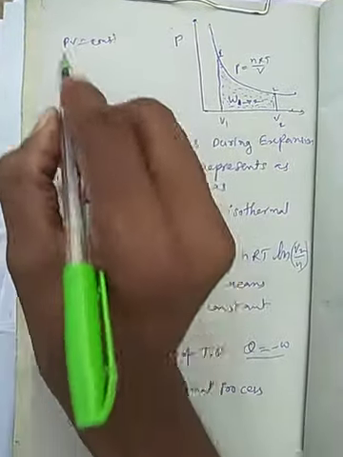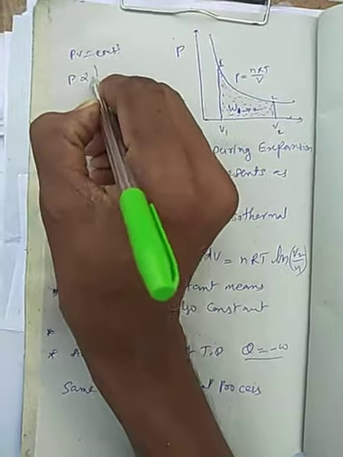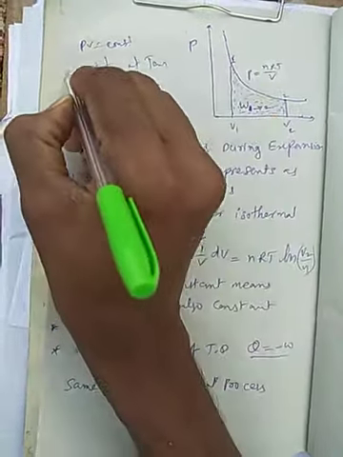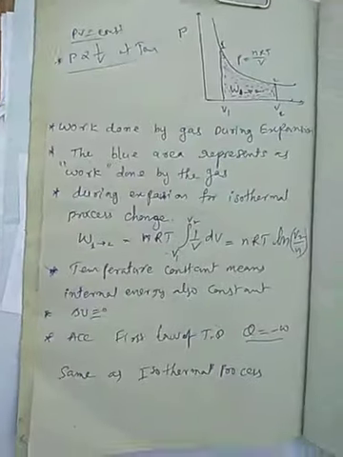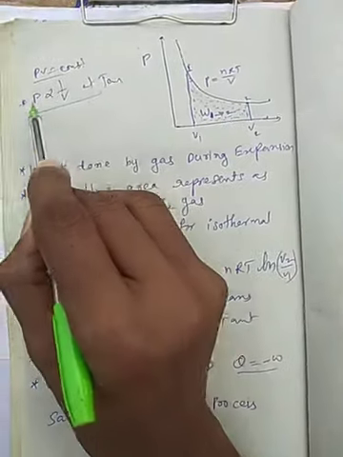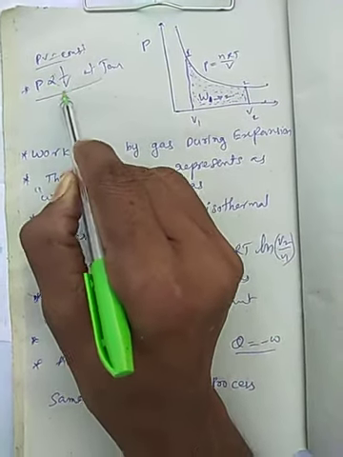According to Boyle's law, we also know that P is inversely proportional to volume at constant temperature. This statement was given in the previous class.